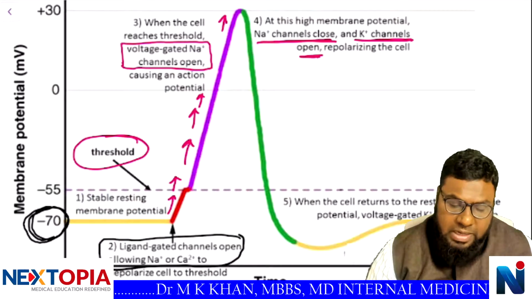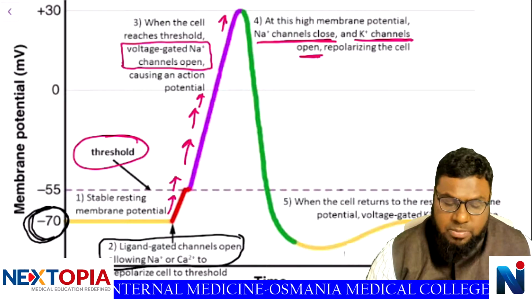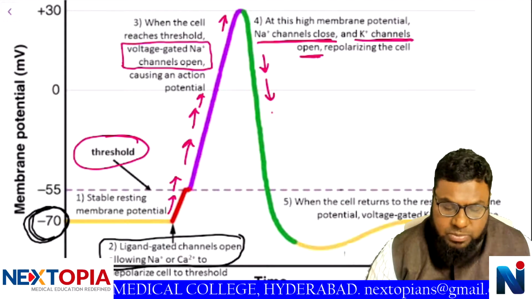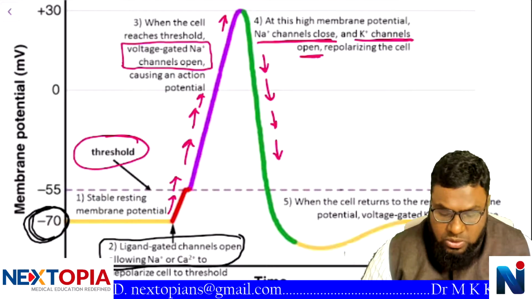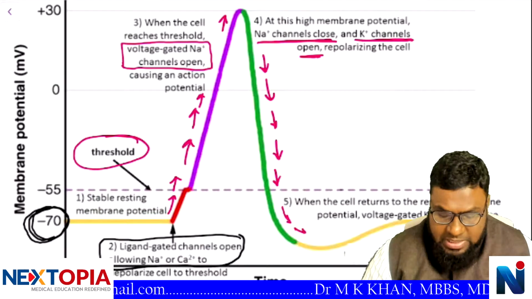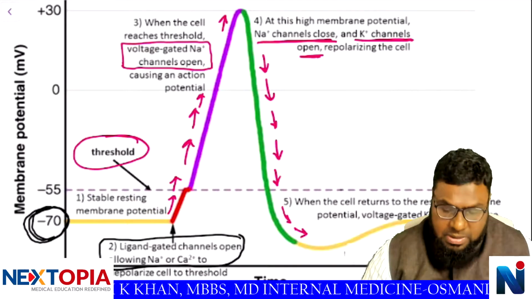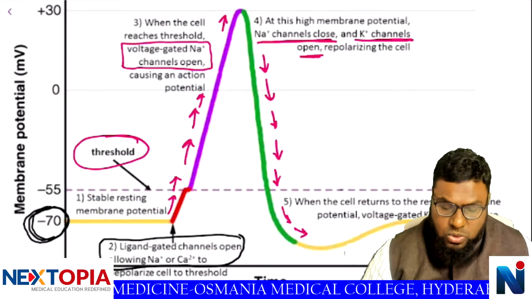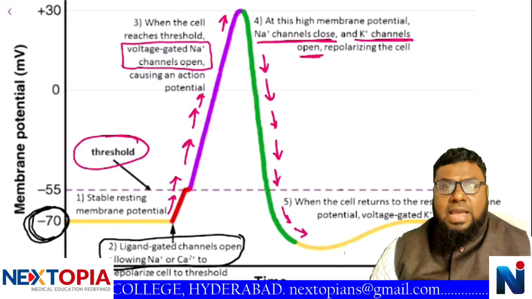So easily potassium ion moves out. Hence, if potassium ion is moving out, then the potential falls down. This falling of the potential is called repolarization. It falls down to below minus 70. And when the cell returns to the resting membrane potential, the voltage gated sodium channels and the potassium channels also close. So the resting membrane potential is back to normal.